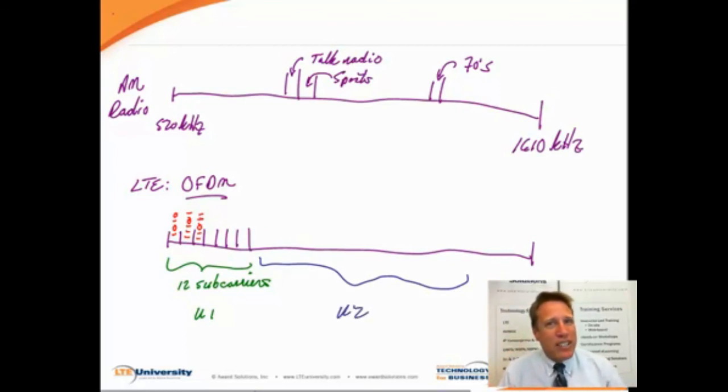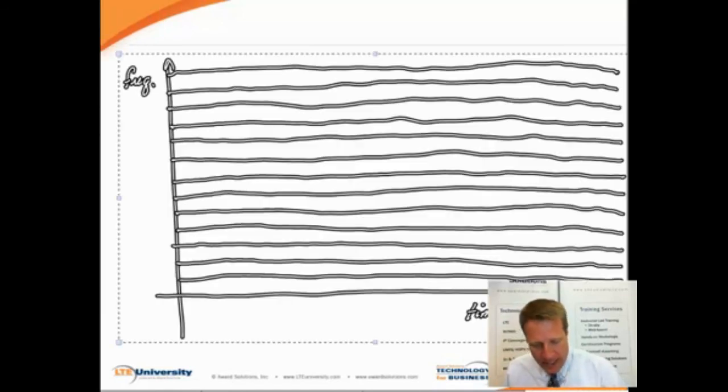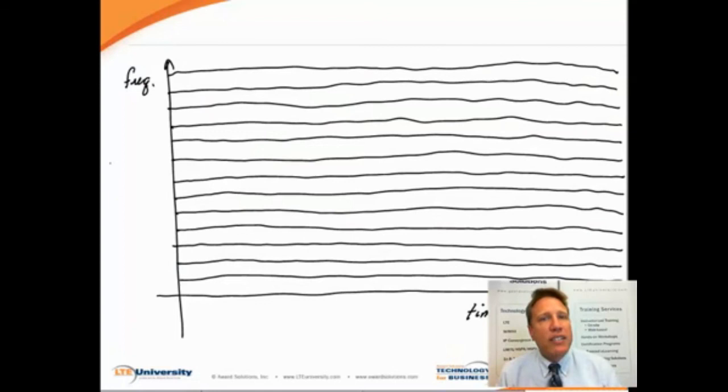So you're starting to get the picture for what this activity at the eNode B might look like. And in order to see how this goes, let's look at this matrix. It's a matrix of frequency and time. We've got time here on the horizontal axis, and we've got frequency, okay, on the vertical axis.